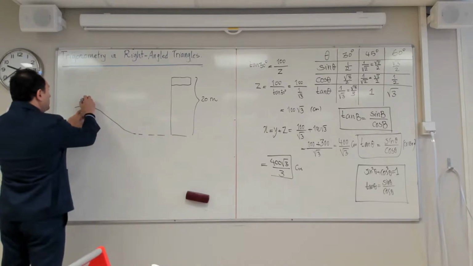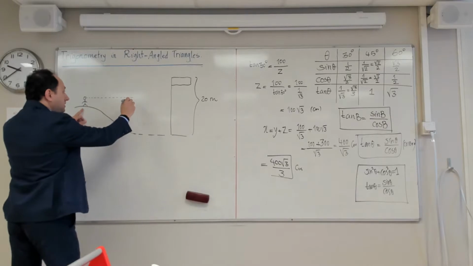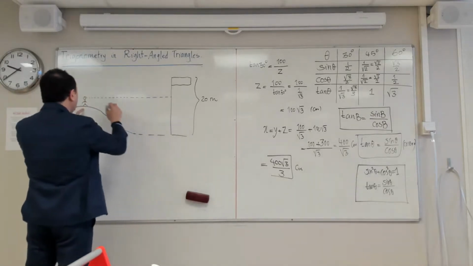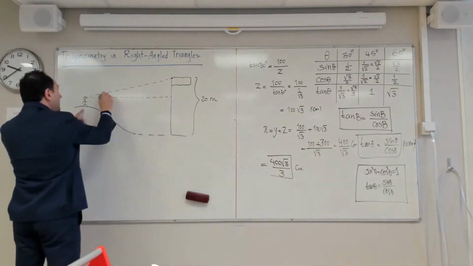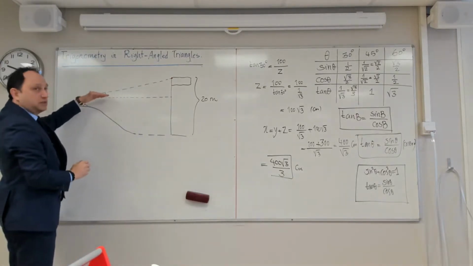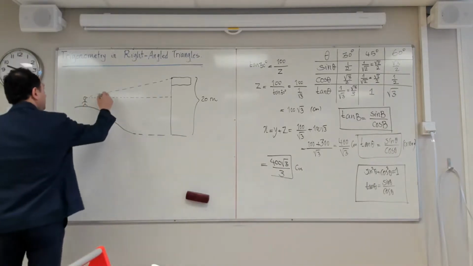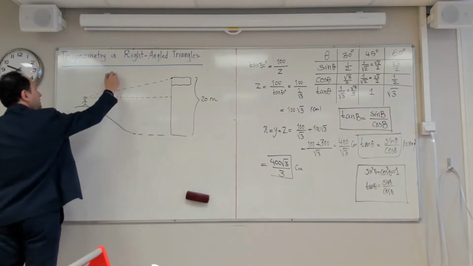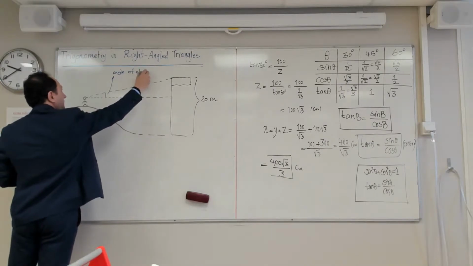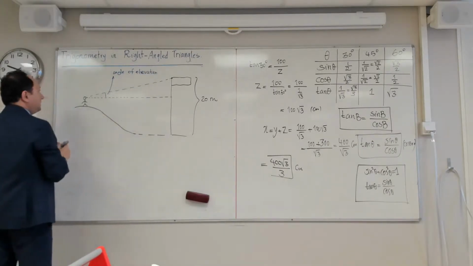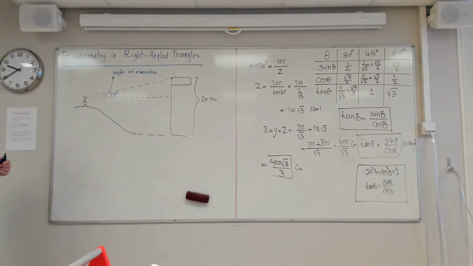It means that if you draw a horizontal line parallel to the horizon, and then connect this to the top point, this angle which is above the horizon is called the angle of elevation. And it is given in the problem that the angle of elevation is 18 degrees.